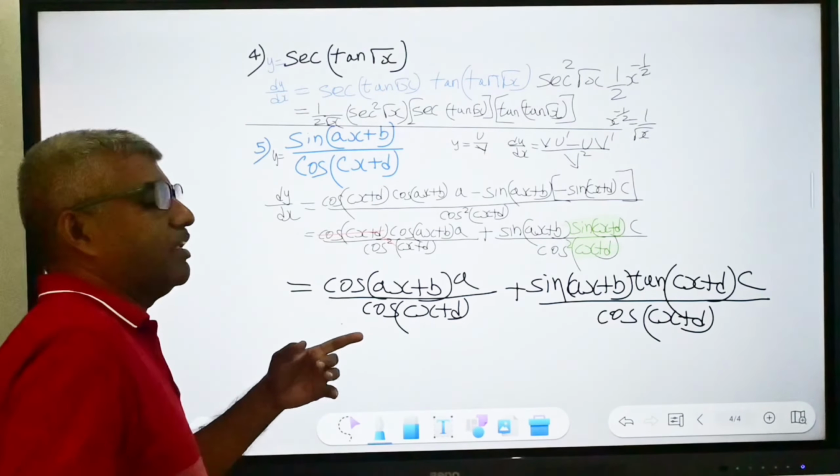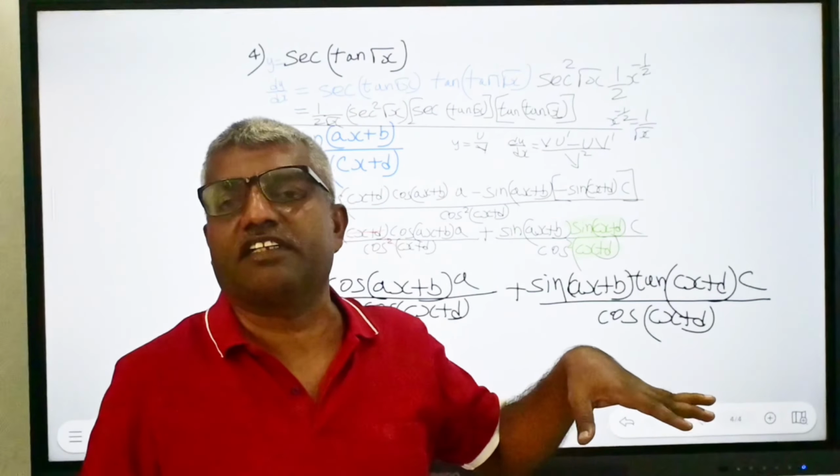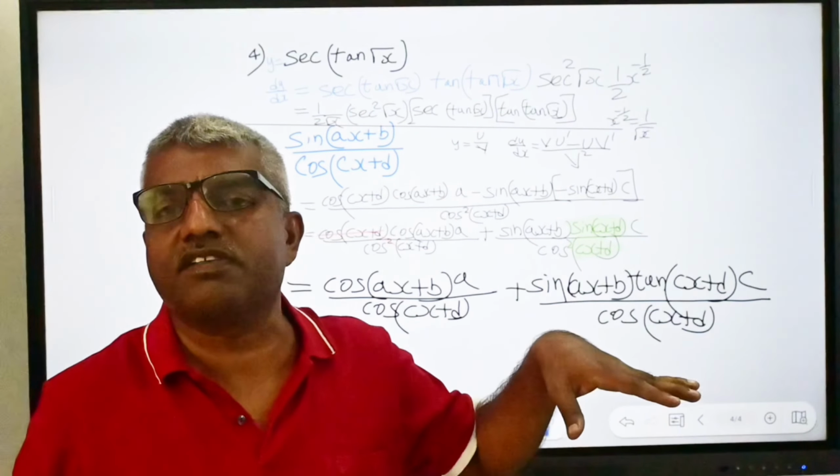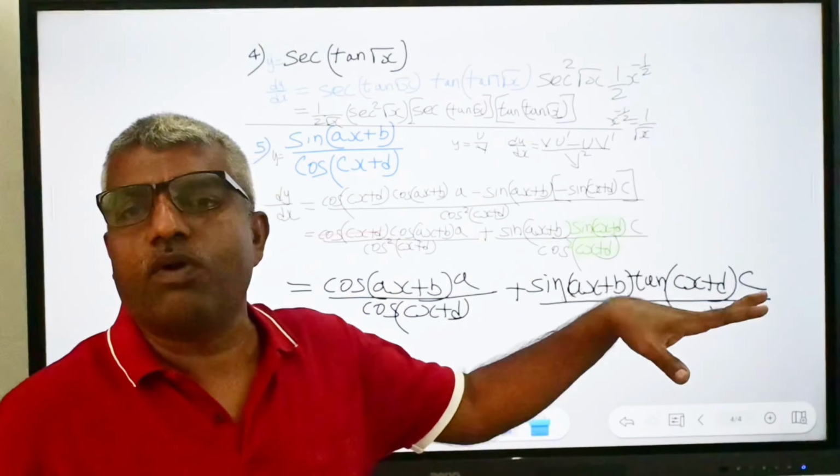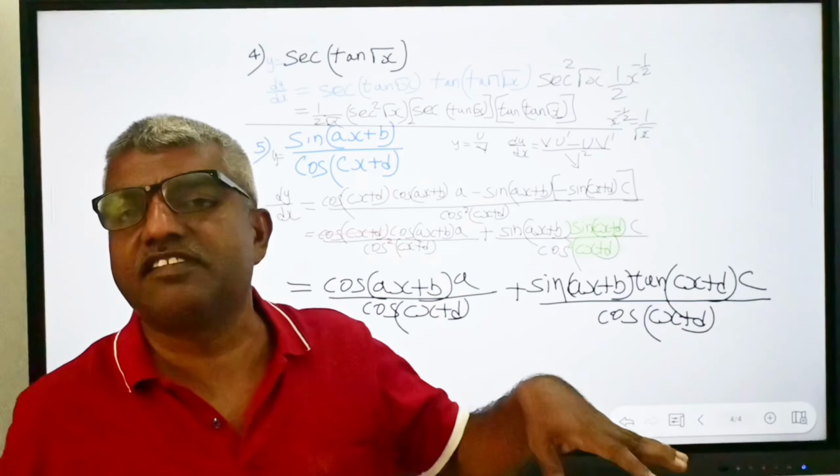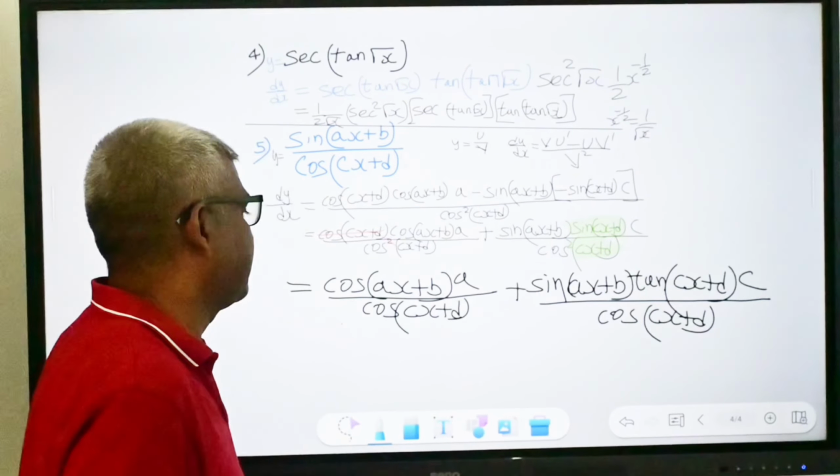cos(cx+d) is in the denominator. What is 1 over cos x? It is secant x. 1 over cos(cx+d) is secant(cx+d).